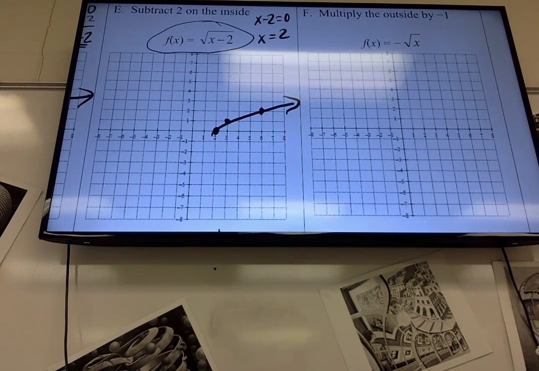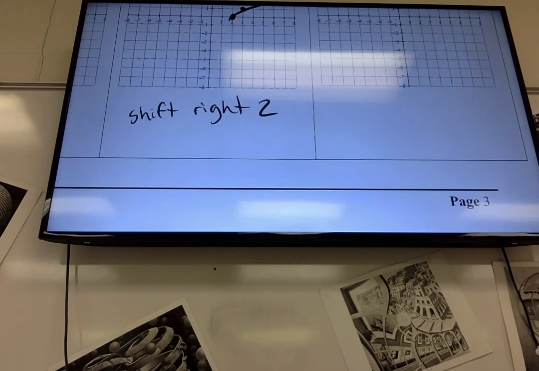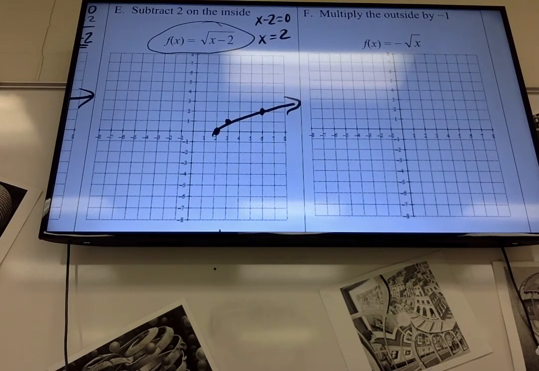If we multiply the outside by -1 or a negative, what would that do? Well, let's see. Let me make a little XY chart. Let's say we plug in 0. For y, we get out 0, because -0 and 0 are the same thing.